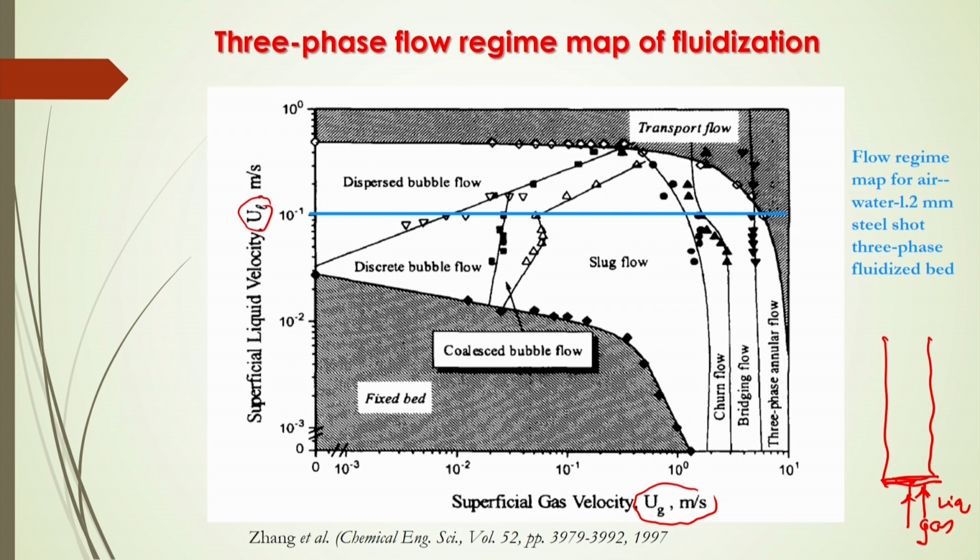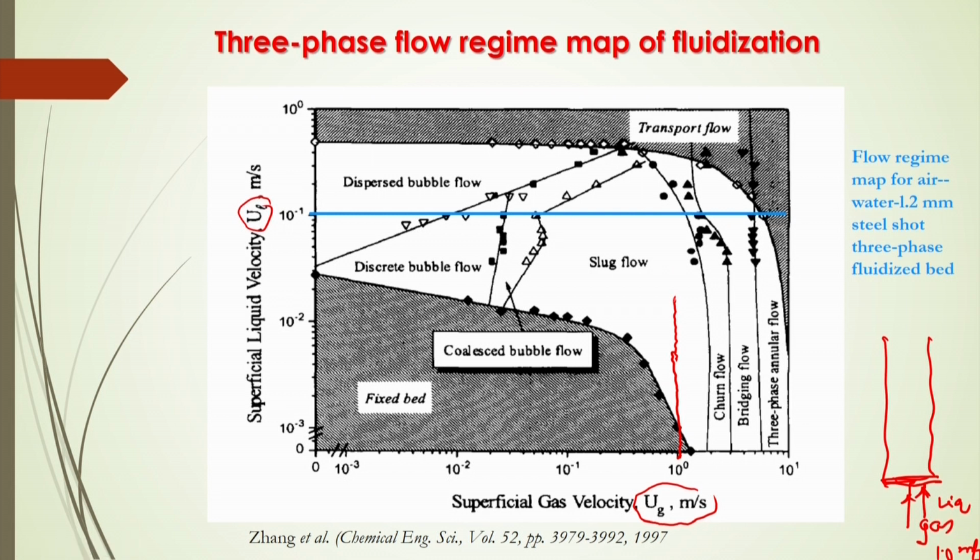Now, coming to this flow regime map here, first consider any location here for this slug flow. Let it be here if the gas velocity is equal to 1, if you are maintaining the gas velocity as 1.0 meter per second.